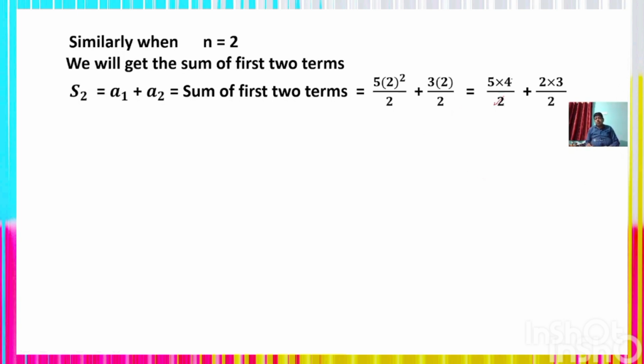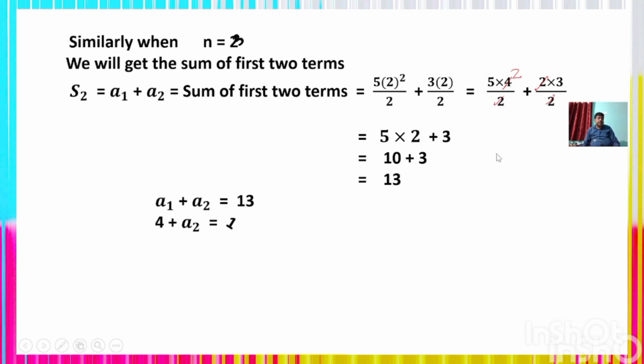Here 2 twos are 4, and here 2 will be cancelled. After cancellation, we will get 5 into 2 plus 3, which is 10 plus 3, which is 13. Thus, the sum of the first two terms, A1 plus A2, is equal to 13. Since A1 is equal to 4, so 4 plus A2 is equal to 13, and A2, the second term, is 13 minus 4, which is 9. Thus, the second term of the AP is 9.